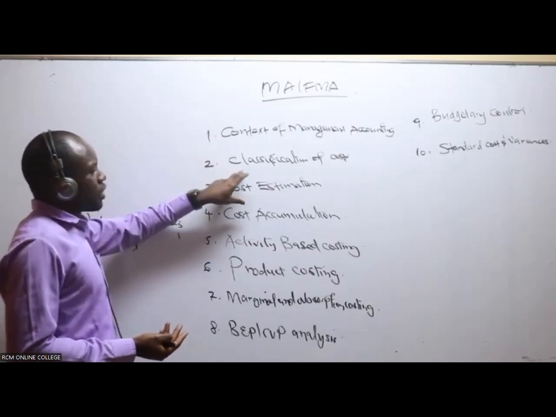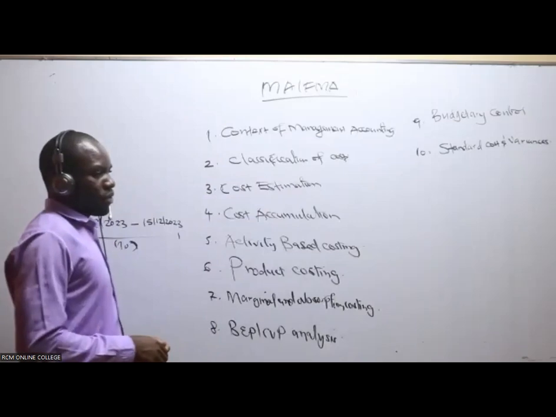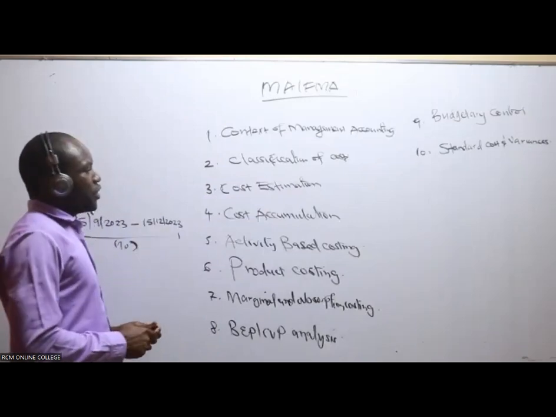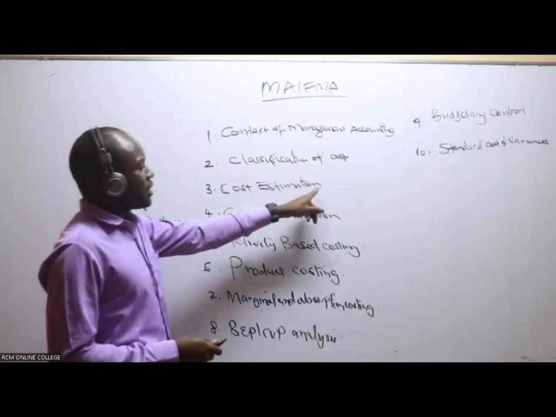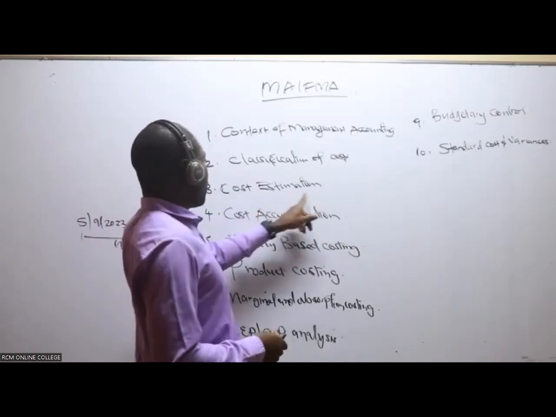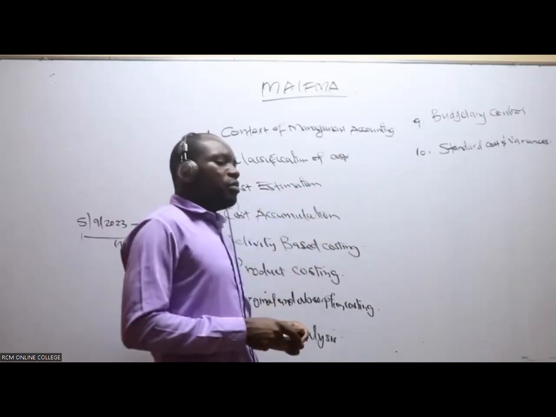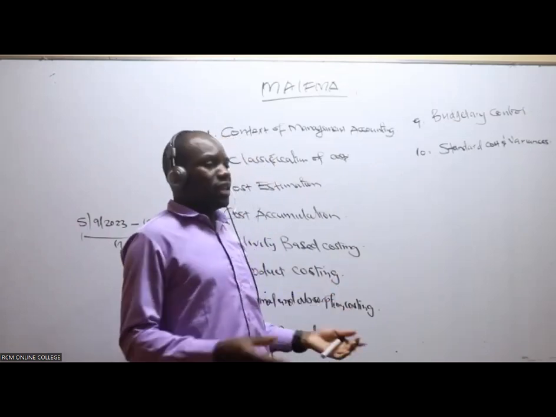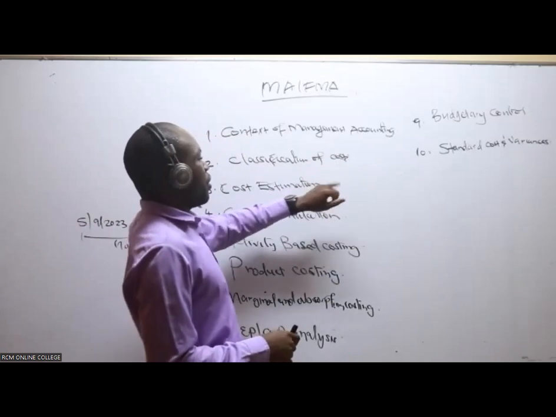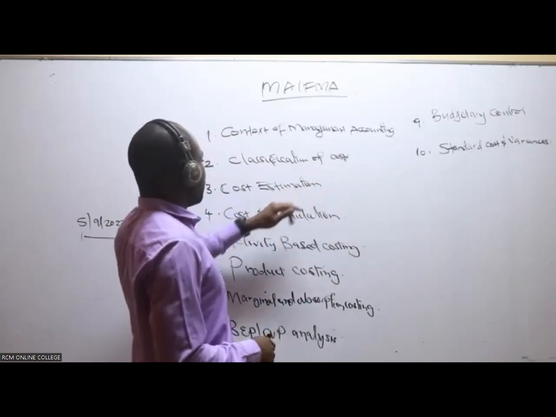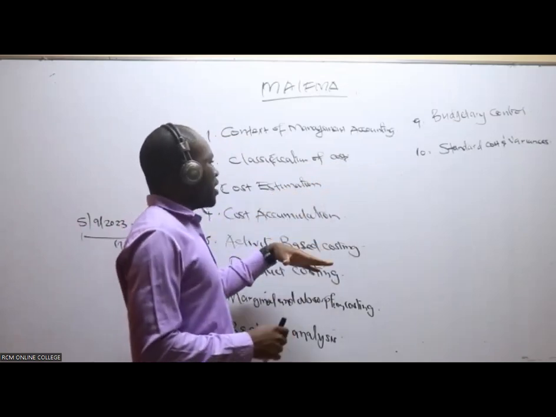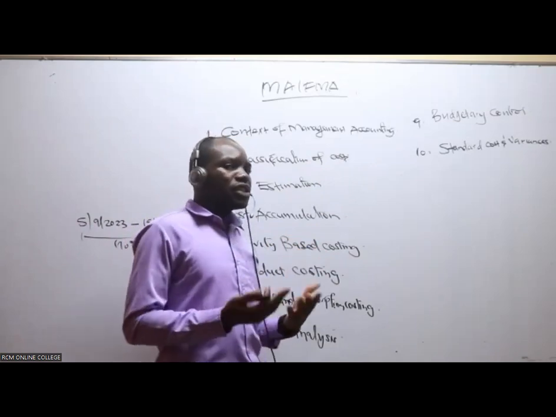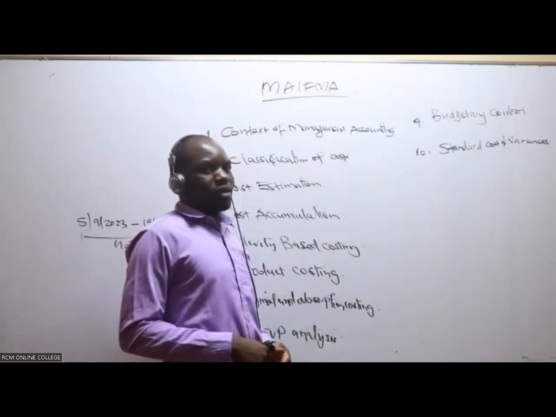If you come to classification of costs, in topic number 3, you're going to apply some of the methods or discuss some of the methods here, whereby you'll be required to know the classification of costs based on variability. So that is point number 1 here. We are going to discuss it in topic number 3. Cost accumulation, again, you are now doing the cost based on functionality.